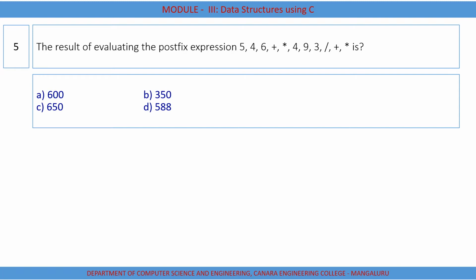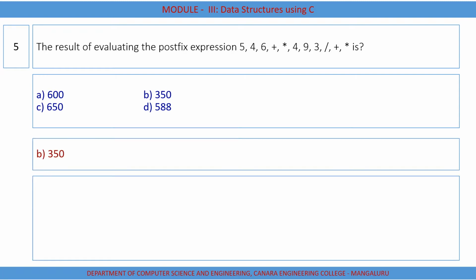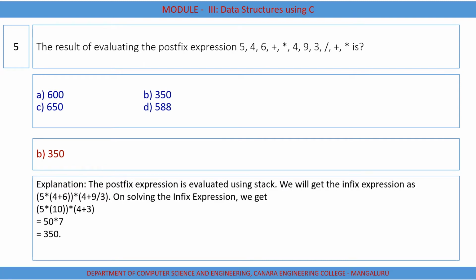So here 5 will be pushed into the stack, then 4, then 6. As long as the scanned symbol is an operand, you place it into the stack. When you get an operator, you have to pop two elements from the stack, perform the operation, then push the result back into the stack. With that scenario, the answer for this question is 350. The explanations are given here why it is 350.